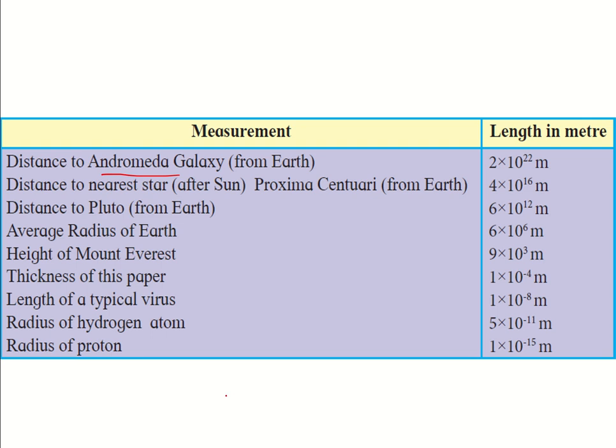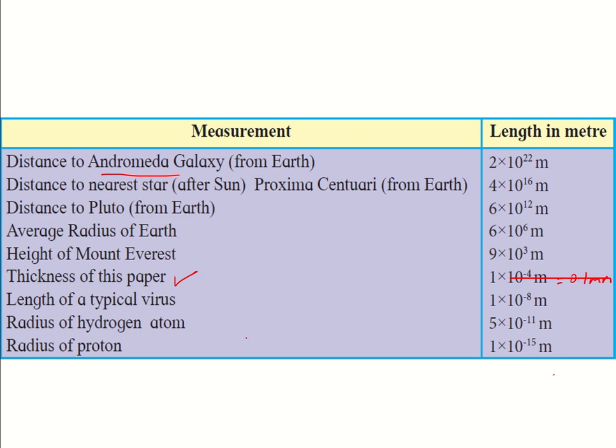Distance to Pluto from Earth is 6 into 10 raised to 12. Radius of Earth, Everest. Thickness of the paper of the textbook is 10 raised to minus 4, which is 0.1 mm. Right? This is nothing but 0.1 millimeter.